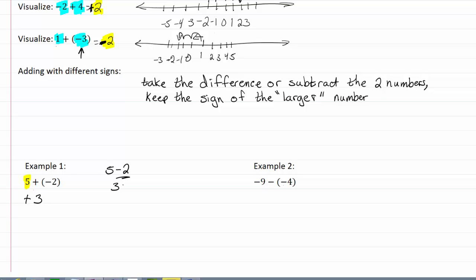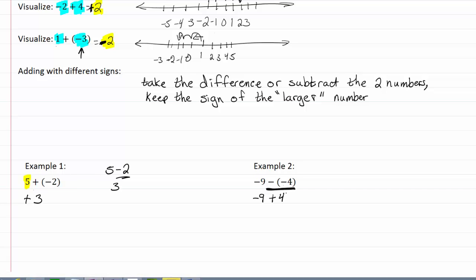Let's take a look at example 2. In example 2, you may notice that we have this double negative here. And we talked about that previously and said that if we have a double negative like this, that is the same as saying that we have a plus 4. It's the same as adding whatever the number that came after.